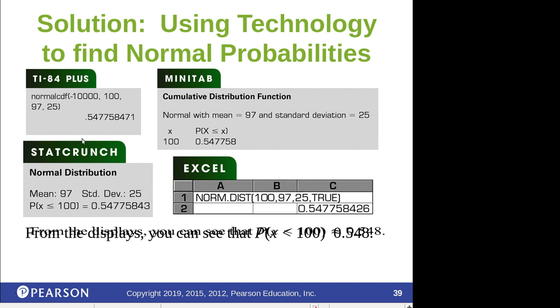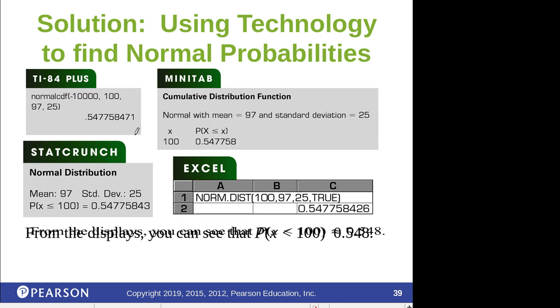But if you have a TI-84, you can look up a normal distribution using the distribution functions under the dist key. So it'd be second vars, and you would get a list of distributions. And you want to go to the normal cumulative distribution function, and you would put in your values there to get this to work.